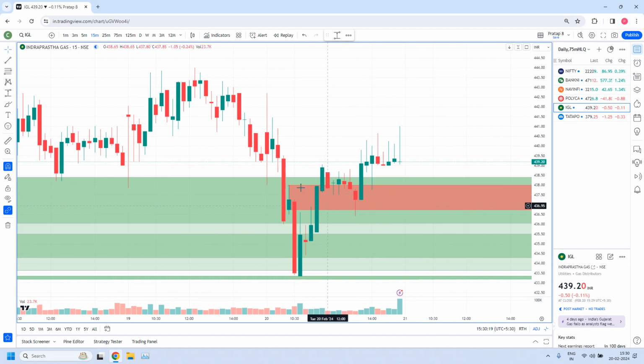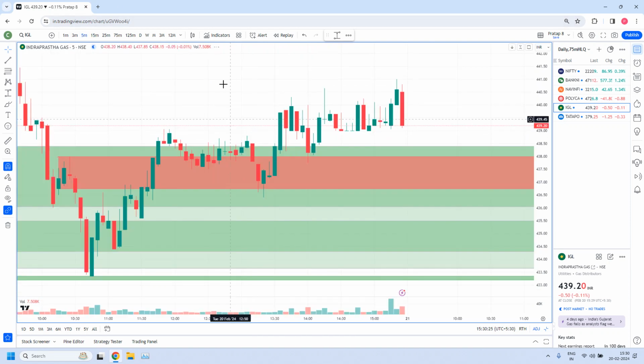profit from this, generally what we do, when prices reach near the supply zone, if there is any 5-minute demand zone here, those people probably can use the trailing stop loss.